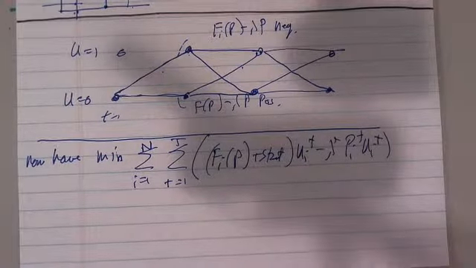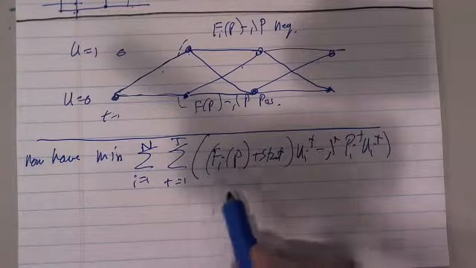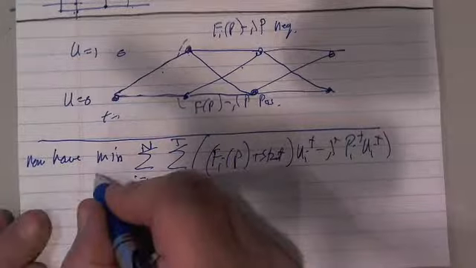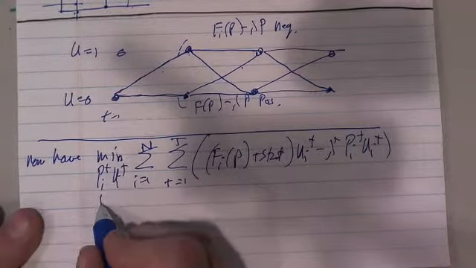This thing has a value that we have minimized over p i of t and u i of t, with lambda fixed.